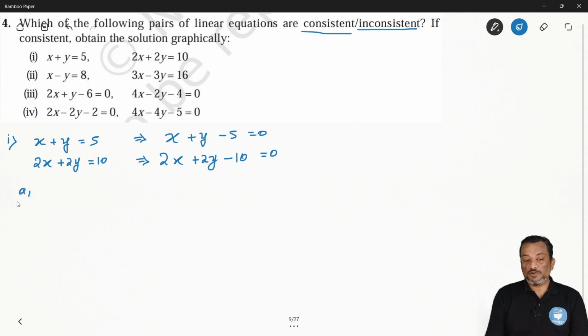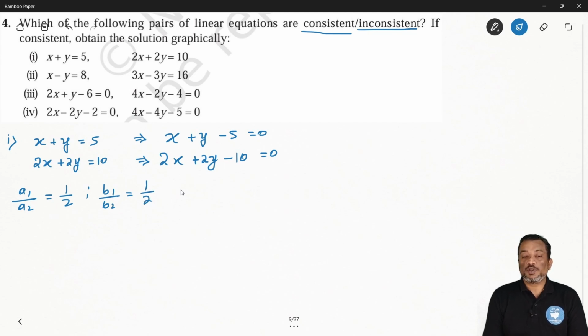First a1 over a2 is 1 over 2, b1 over b2 you can say we are getting 1 over 2. Now the last one, c1 over c2, you are getting minus 5 over minus 10. Both are multiples of 5, so you will get 1 over 2.